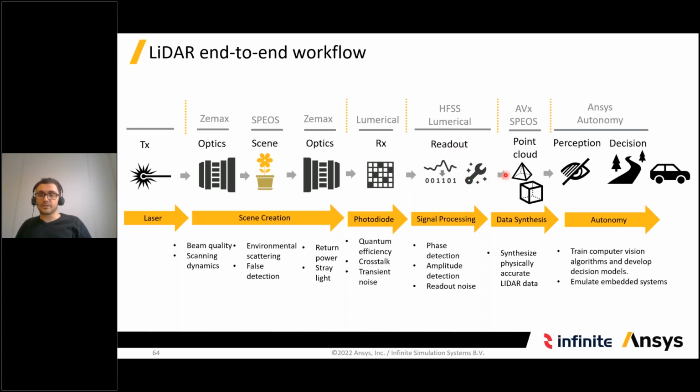And then the data can be synthesized, which can also be done in SPIOS, and then you can use Ansys to train your computer vision algorithms, because you want to have a software that can make decisions for your car.